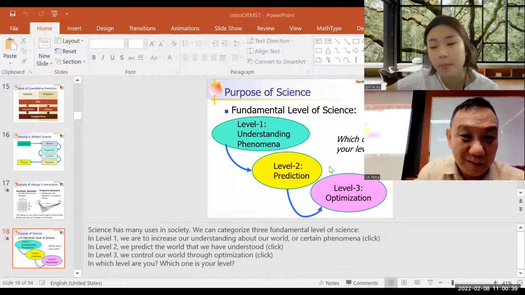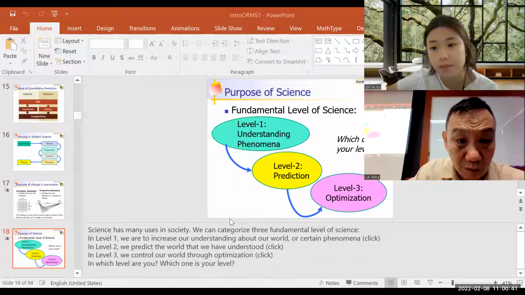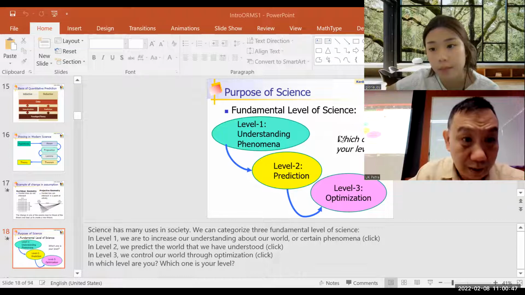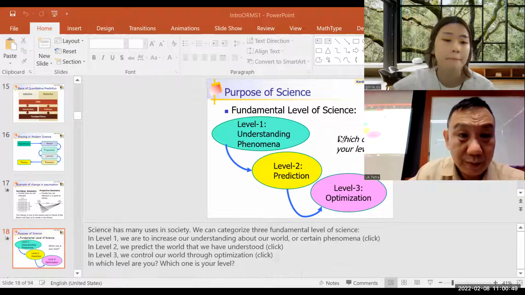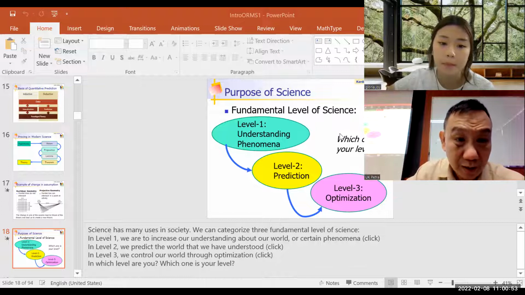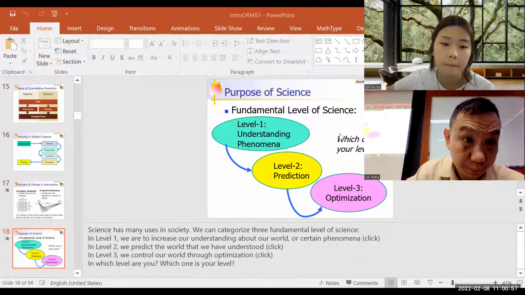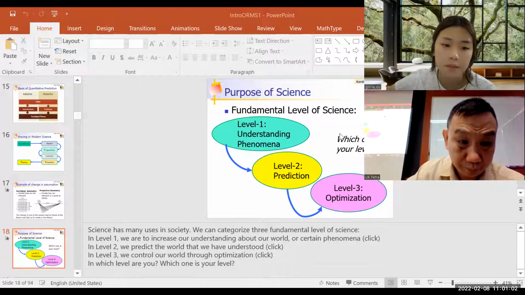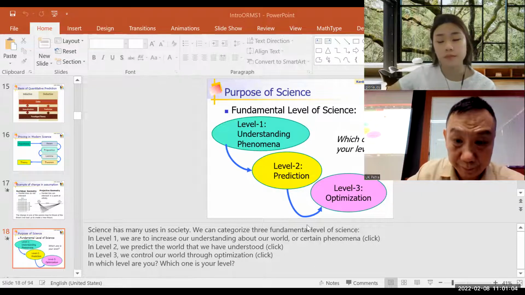I hope by learning this course, you will be able to reach level 3. So what is level 1? Understanding phenomena. Level 2 means you can already do prediction. Level 3, you can do optimization.